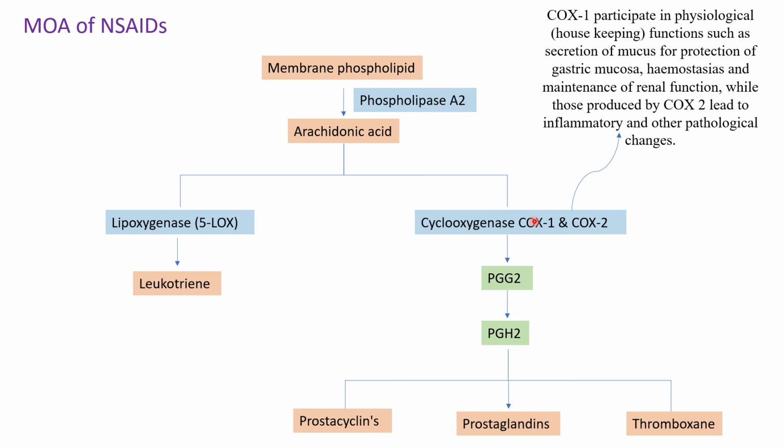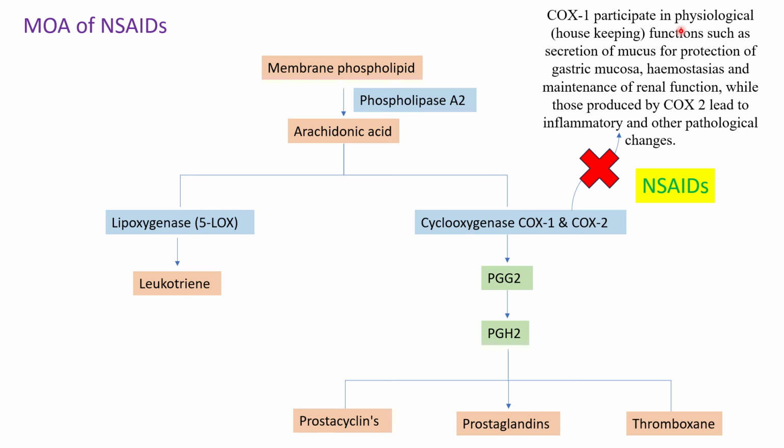So ideally, our drug, which is nothing but NSAIDs, will inhibit this cyclooxygenase pathway. As a result, pain, fever and inflammation decrease, but blocking COX-1 can also reduce the stomach protection, leading to side effects like ulcer. Why?